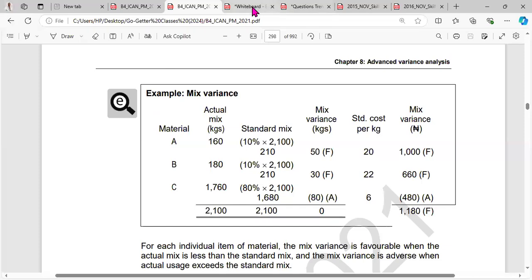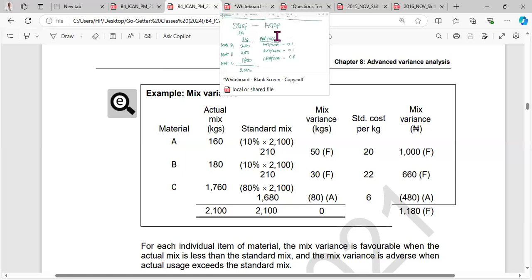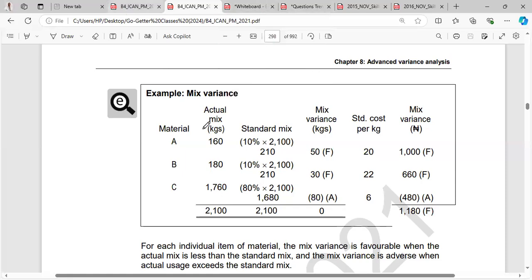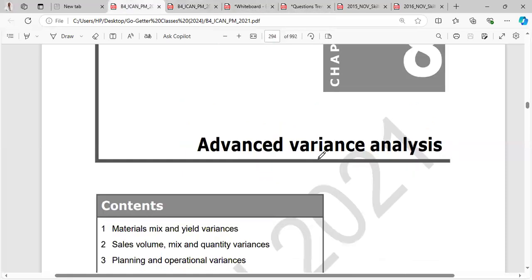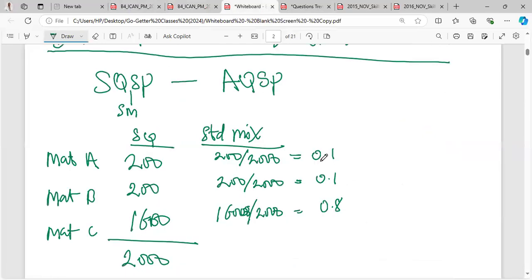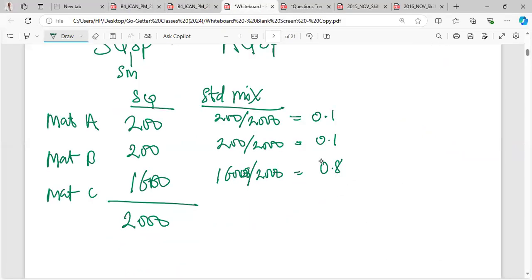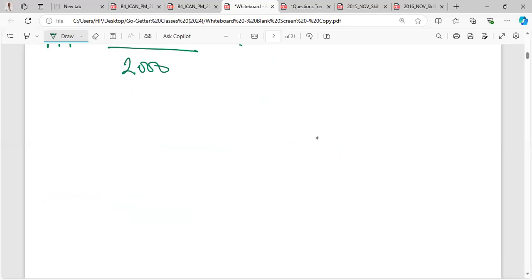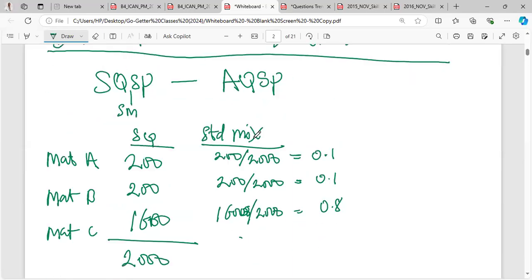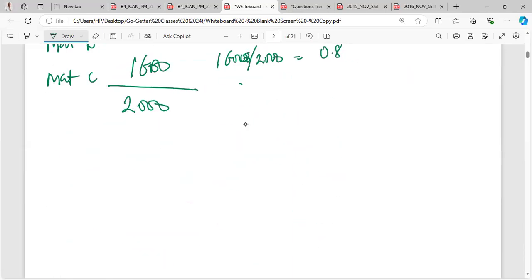Now, actual quantity is what we use now. Actual quantity here is 2100.